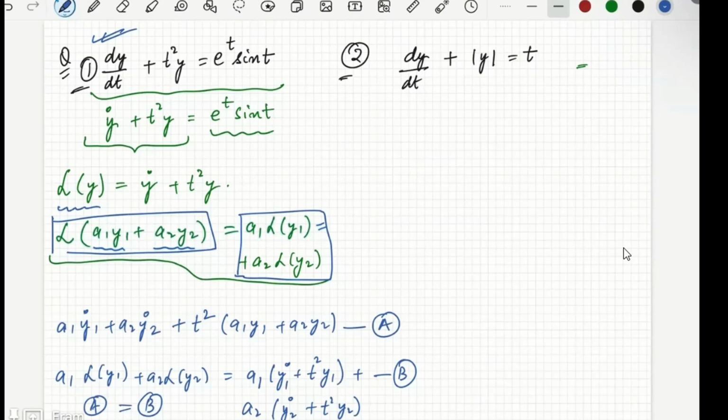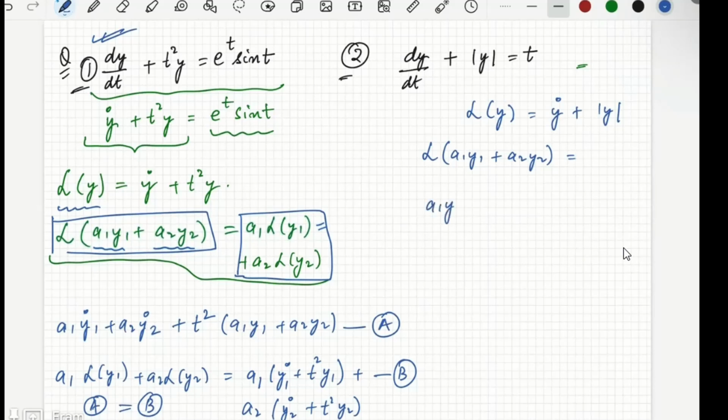Let's form an operator. So L of y we can write as y dot plus y. Now again let's find L of a1 y1 plus a2 y2. What will it give? It will give us a1 y1 dot plus a2 y2 dot plus a1 y1.